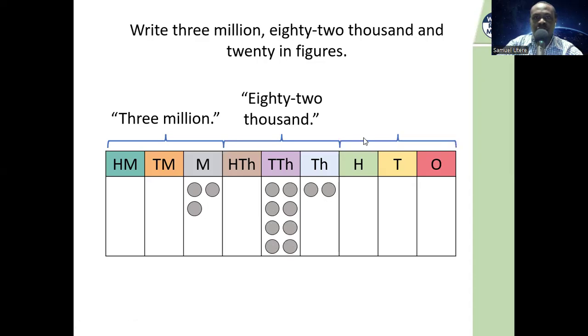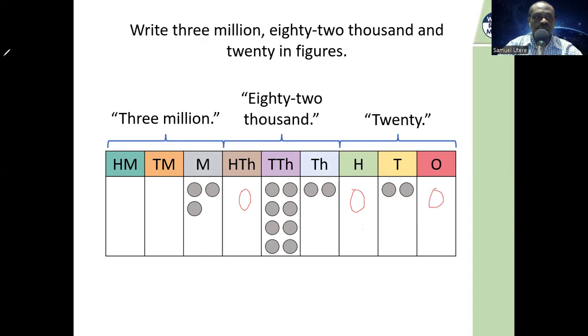And then we have 82, right? And 20 in figures. So 20, we're going to have 2 tens. Again, we're going to use placeholders in these places here, where we do not have anything.